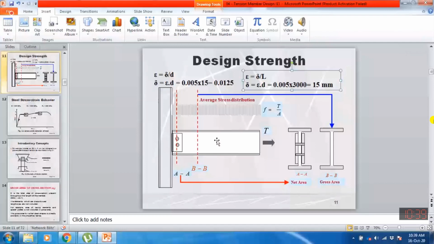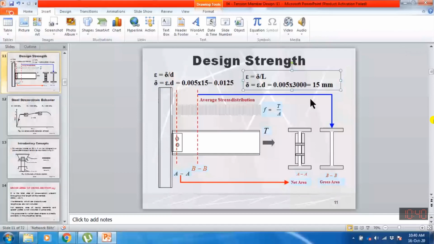So yielding failure is actually the failure due to excessive deformation from gross yielding at the gross area, which is available in most of the length, but the member is actually not broken. So this is the first failure condition, which is called yielding failure or yielding at gross area.